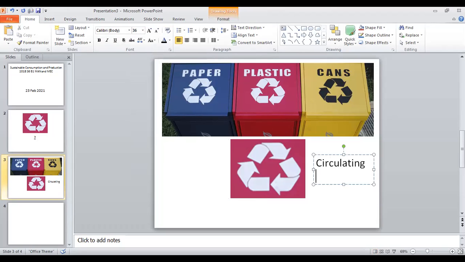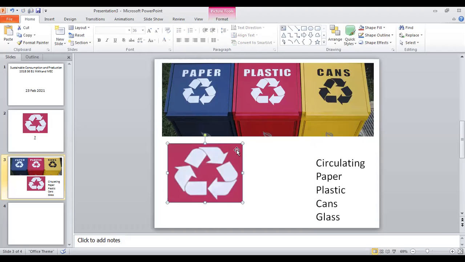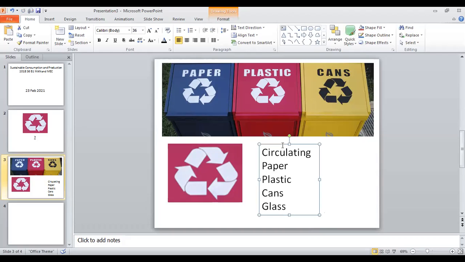You can see here paper, plastic, cans. In some cases you can even see glass. Circulating. Are you circulating this?